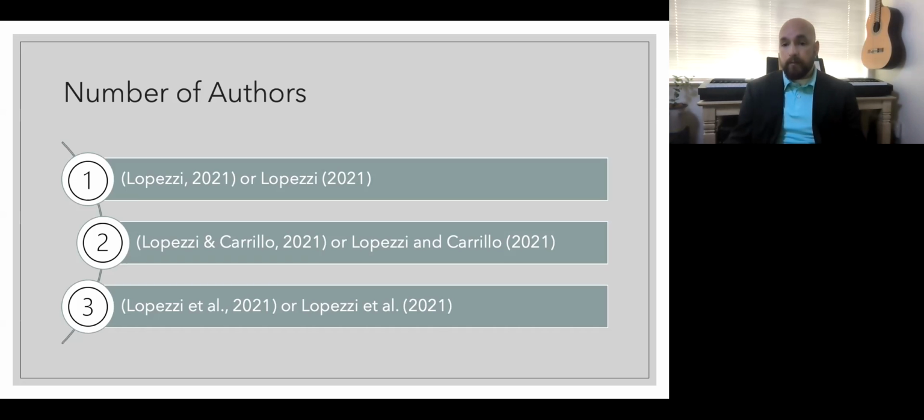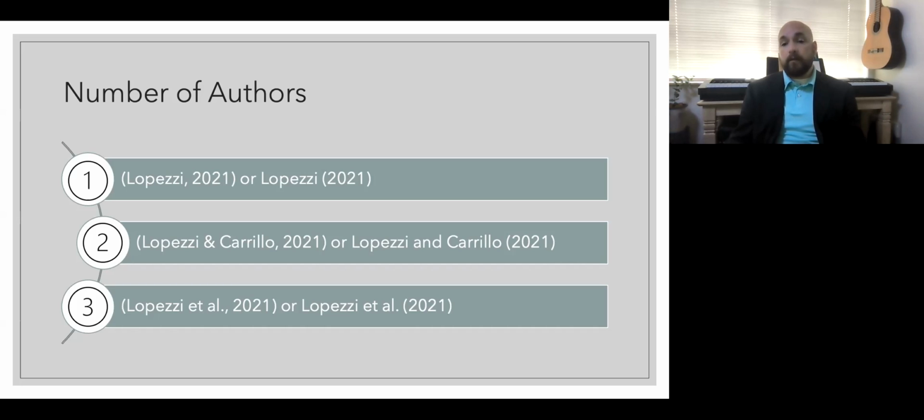However, when you have two authors, as seen here, number two, for parenthetical citations, you include an ampersand between the last names, followed by the comma and publication year. For narrative citations, you spell out A-N-D and still put the publication year, but this time in parentheses, as shown here.